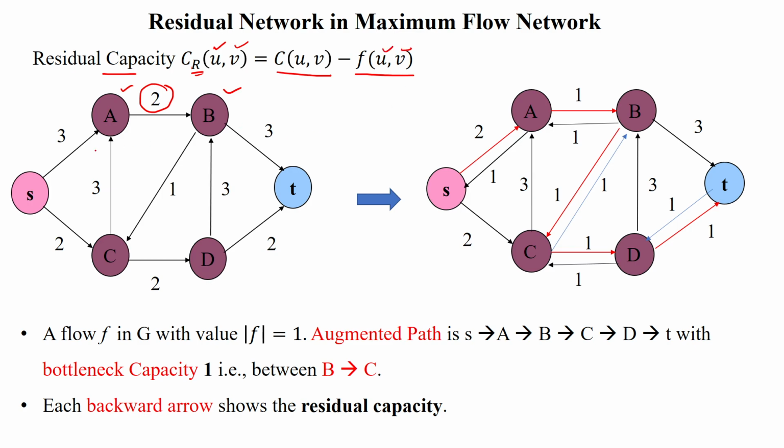For example, if you are passing a flow of 1 in this path, which is carrying 1 unit of flow between the source and the vertices, then in the backward direction we will represent that flow between the vertices U and V. After applying this flow, we have to calculate the residual capacity.